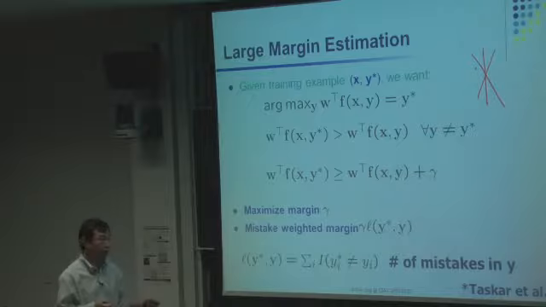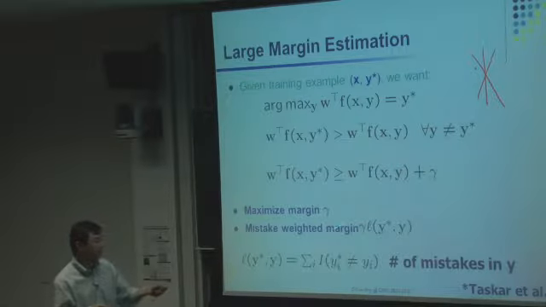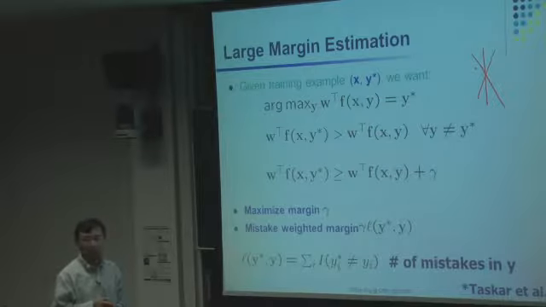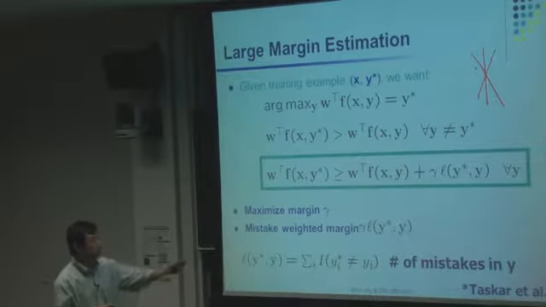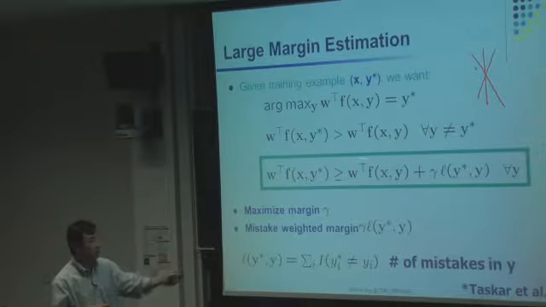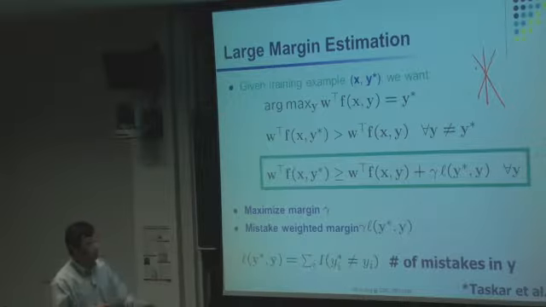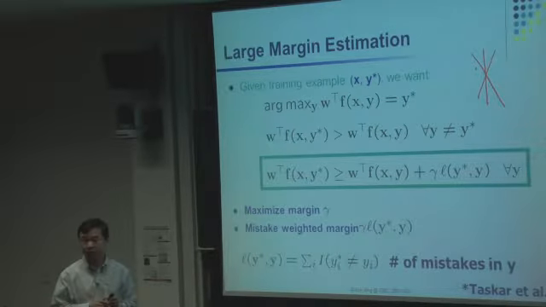And therefore, you can now define a margin function that is dependent on the amount of differences that the two alternative labelings can make. So that's basically our constraint, right? We want to make sure that this is the maximizer, and then subject to the margin constraint like this. This is known as the structured margin constraint.